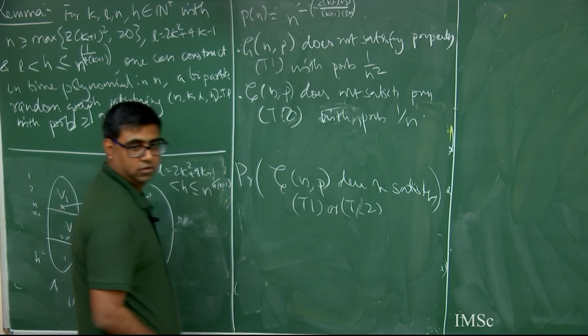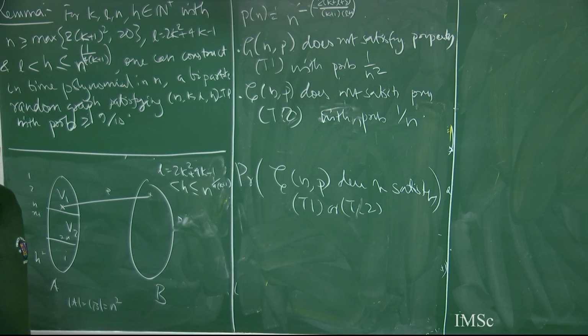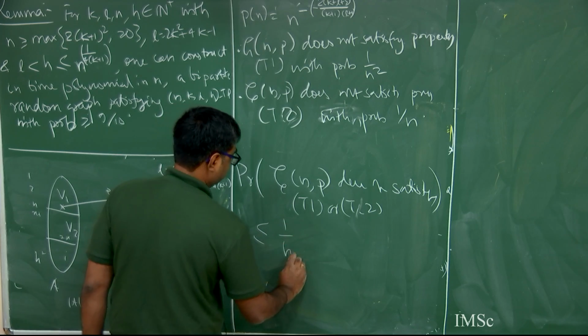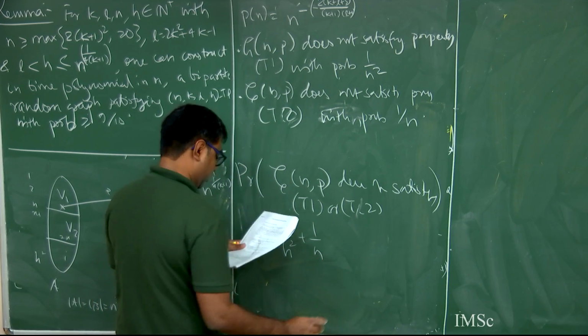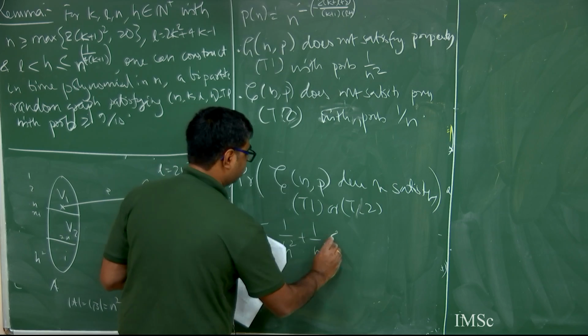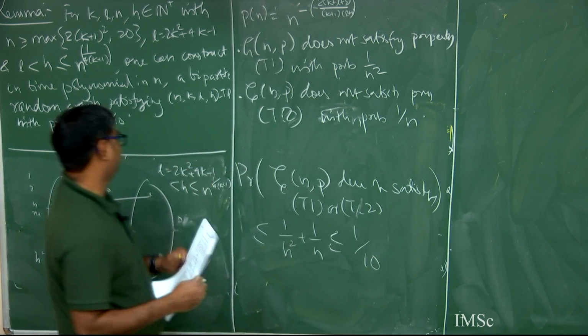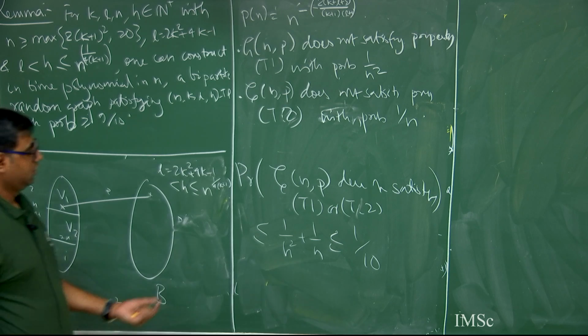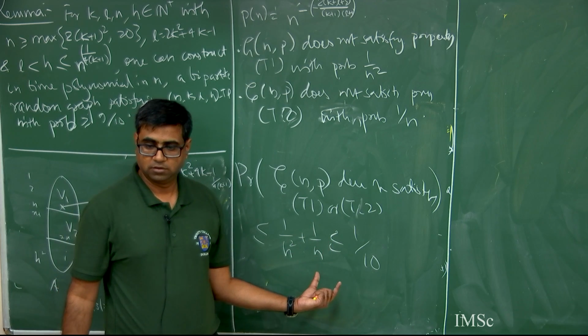Apply union bound. At most 1 by n square plus 1 over n, right, which is less than or equal to 1 over 10. You can choose your n accordingly, that n is large enough that this holds, right? Agreed? Does not satisfy T1 or T2 is 1 over 10 by union bound.